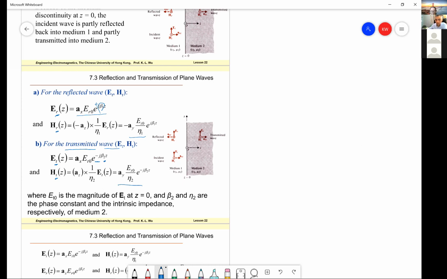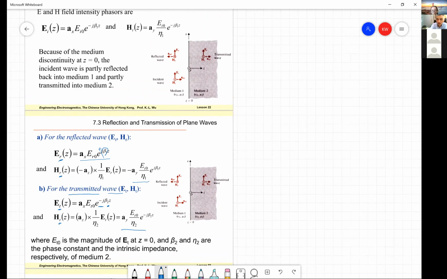Then we have three quantities we need to find a relation between. One is the incident wave magnitude; we don't write the magnetic field, because once we know the electric field and divide by the intrinsic wave impedance, we know the magnetic field magnitude.